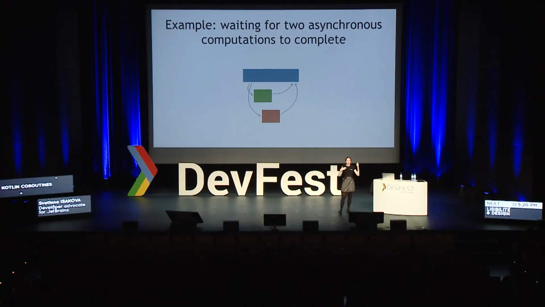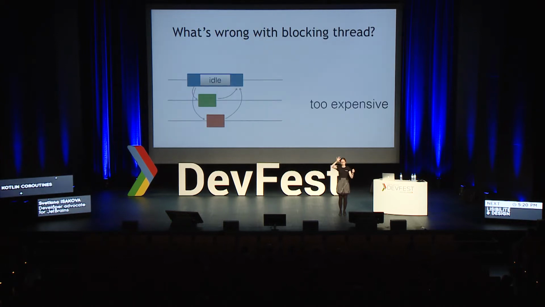For another example, let's consider a situation when you start two asynchronous computations from a main one, and you need to wait for the result. If you write this code straightforwardly via threads, starting these computations from the main thread in parallel and waiting for them, then while waiting for them to complete, your thread will do nothing, and won't be able to do something else.